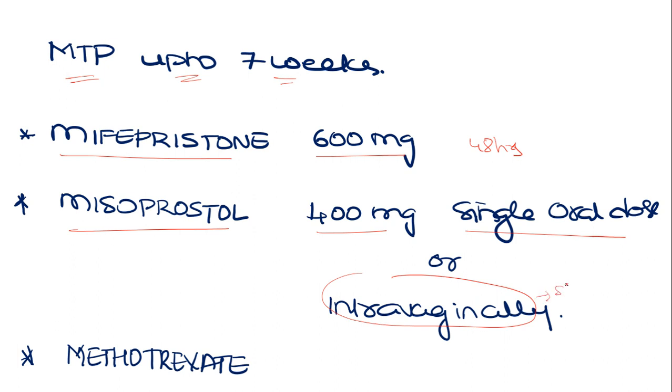Intravaginally the side effects are mild, but in some cases they say intravaginal use has led to sepsis. Also, instead of mifepristone, you can use methotrexate along with misoprostol for inducing abortion in the first week of pregnancy.